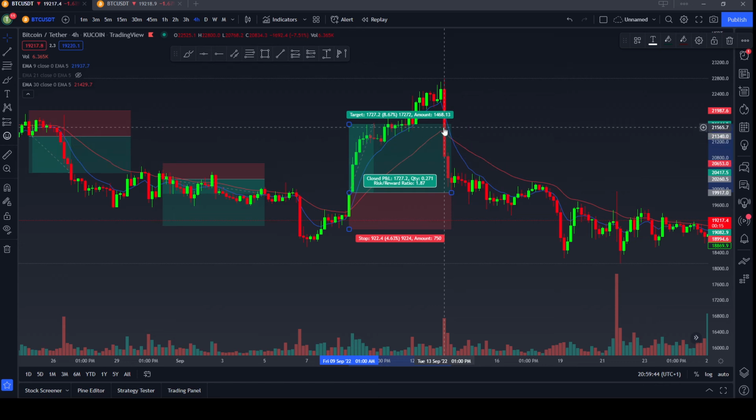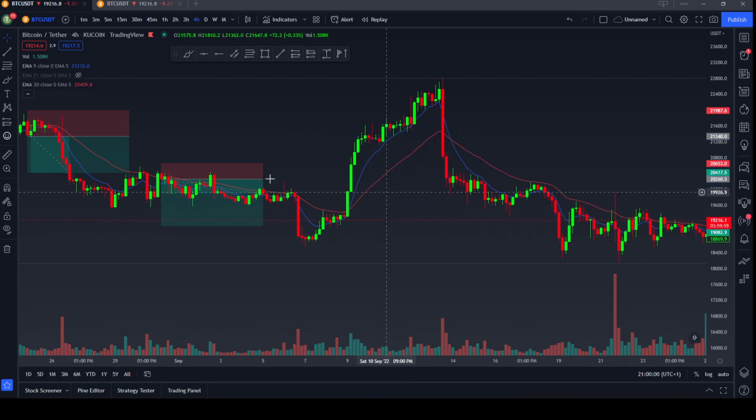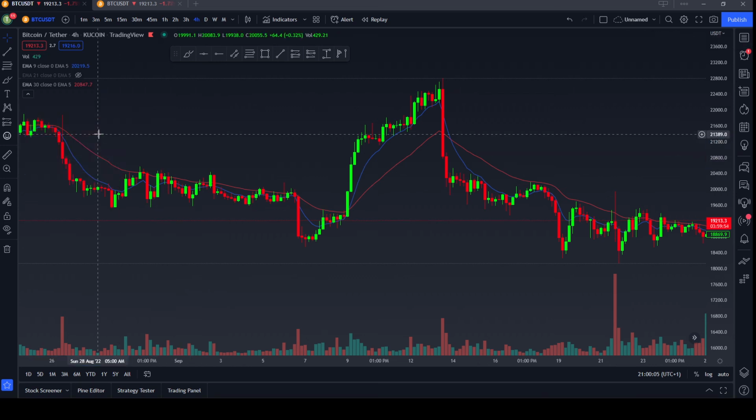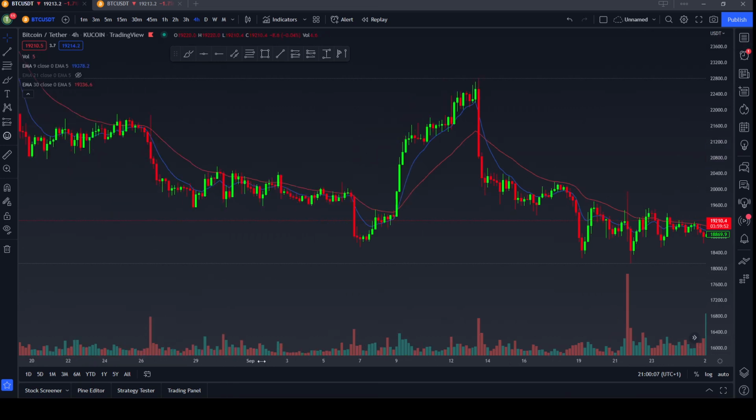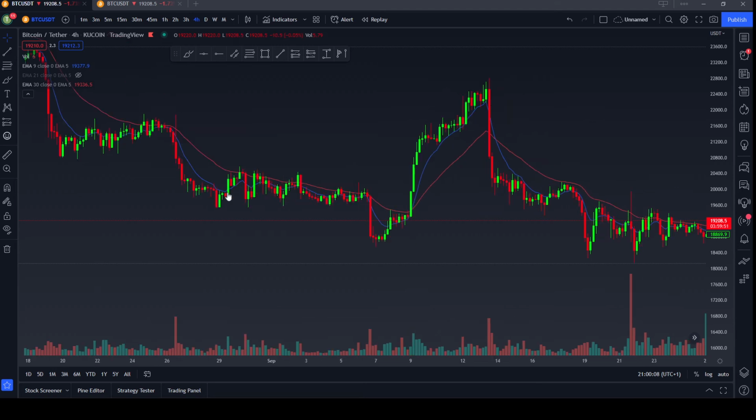Maybe just use the 9 to get out when the body closes below that candle. So that's pretty much it on the EMAs. This is a strategy that you can look to implement just as a single strategy. Clearly, it can be successful if you can let them play out.